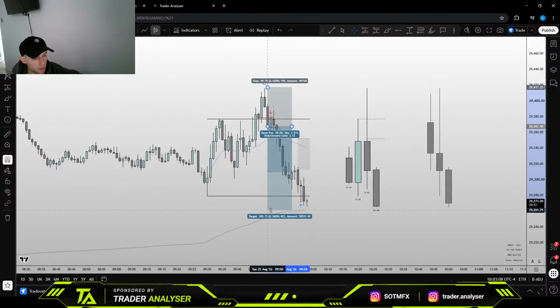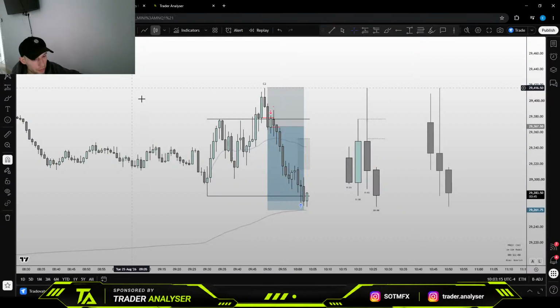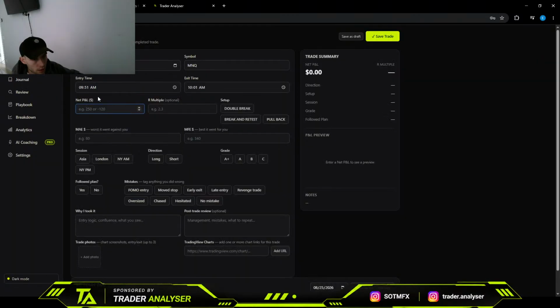So that was a 1.7 R trade, 342, right? That was a 342. 1.7 double break.